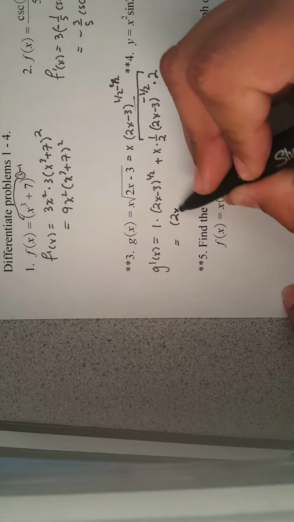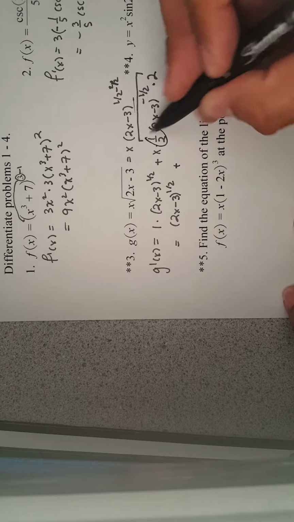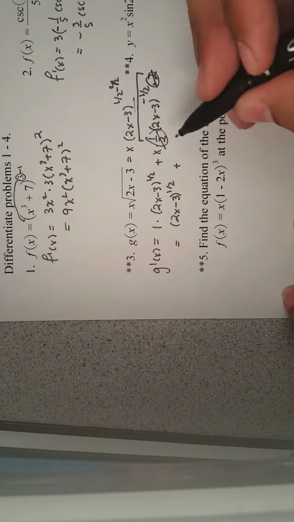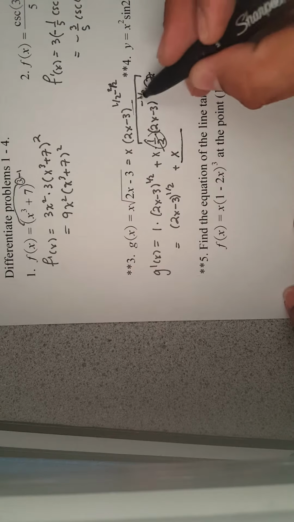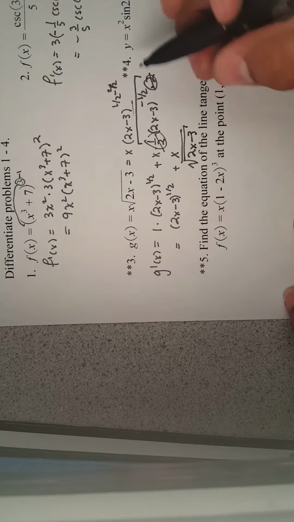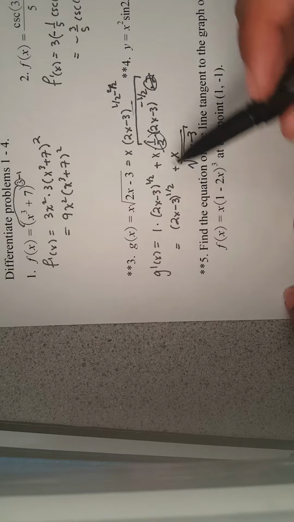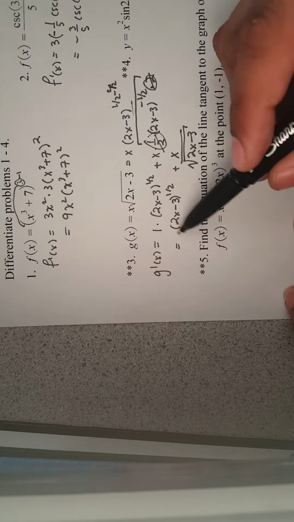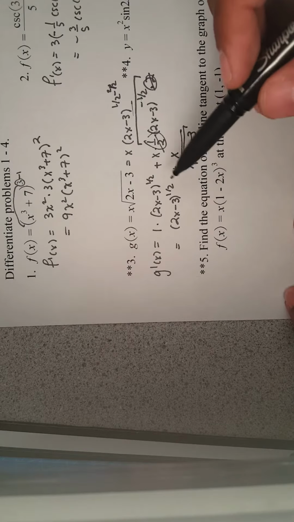So I get 2x minus 3 to the 1/2, plus this 1/2 and this 2 reduce to 1, so we're just left with x. And this is a negative, so I'm going to bring it down, and it's going to be the square root of 2x minus 3. Now I could have rewritten this as the square root of 2x minus 3, just like I did on here. But this stays up top.